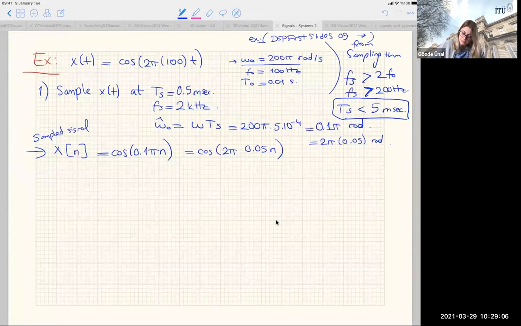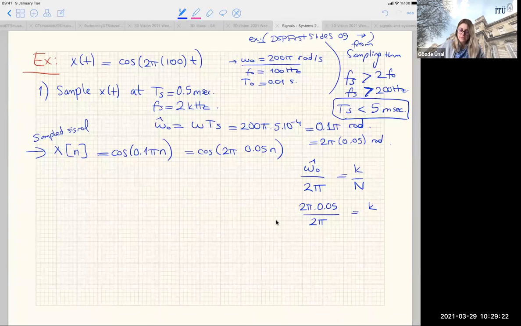Remember, we were looking at this ratio, 2 pi 0.05 over 2 pi k over N, and trying to pick an integer. Picking k as 1, N is 1 over 0.05, which is 20.